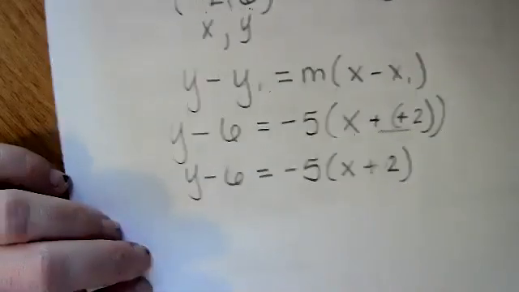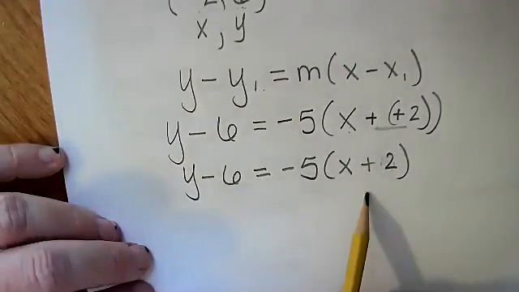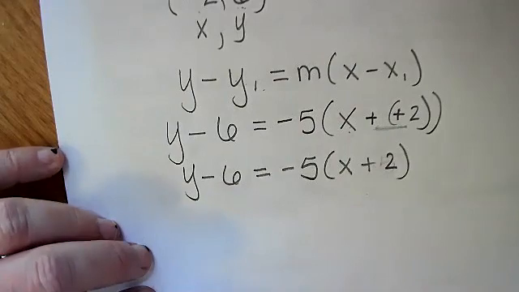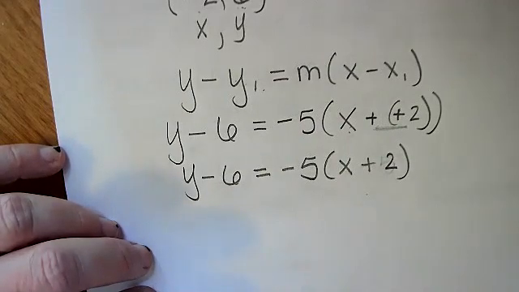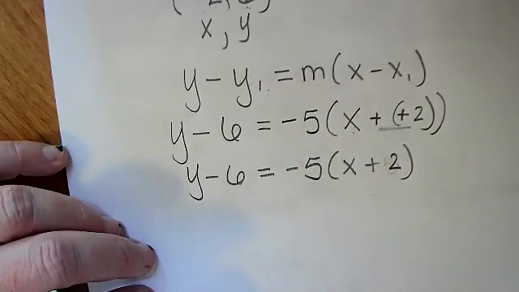So here's the twist. If you were looking at this problem right here, and I asked you, what is the point and what is the slope of a line? Okay. It's like opposite day.